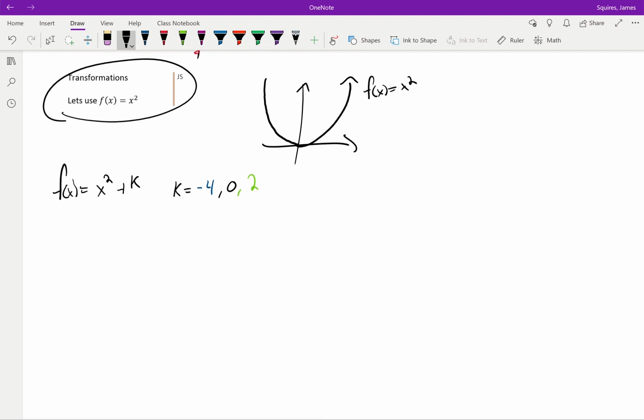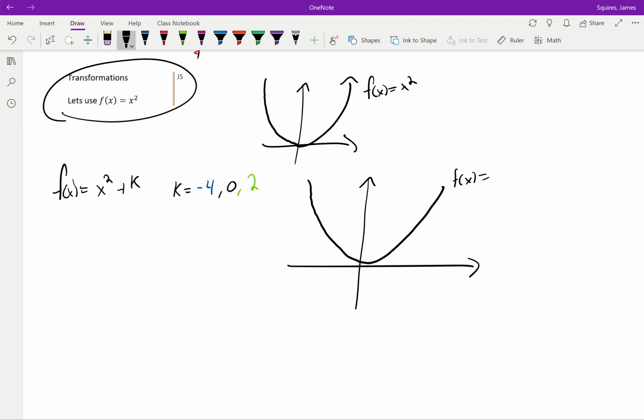So if we do that middle one first, here is f of x equals x squared plus 0. That is our original function. Now k equals -4 is going to be a vertical shift downwards of our original function, 4 units downwards.